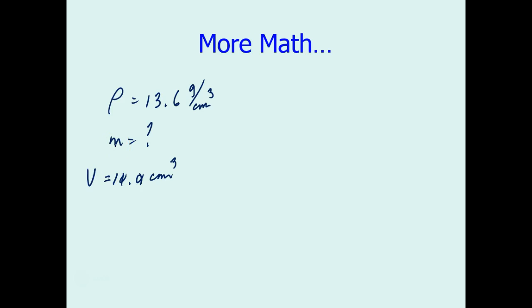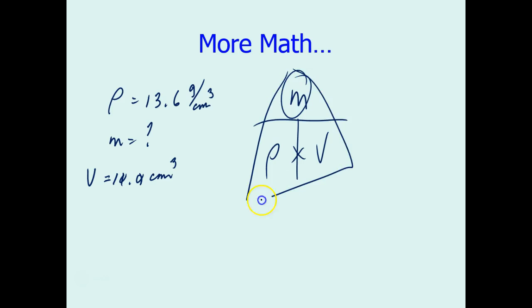So how are we going to solve this problem? Say that again. You multiply. Remember, mass was on top, and rho and volume were on the bottom. So you're looking for mass. If it's a triangle here, you multiply those two.